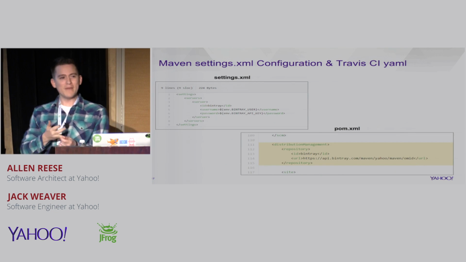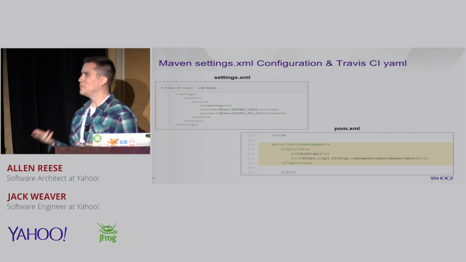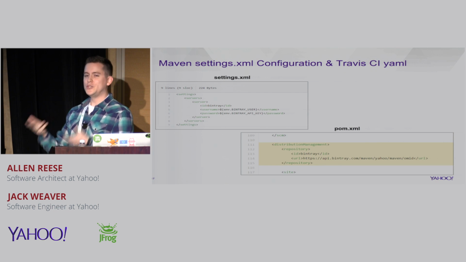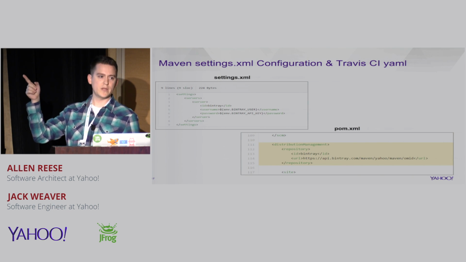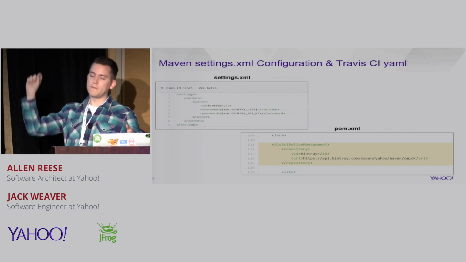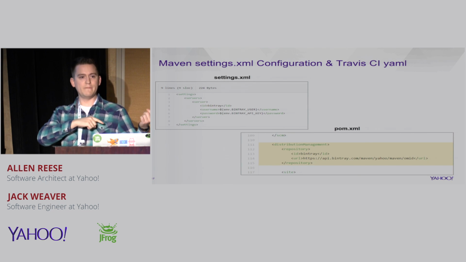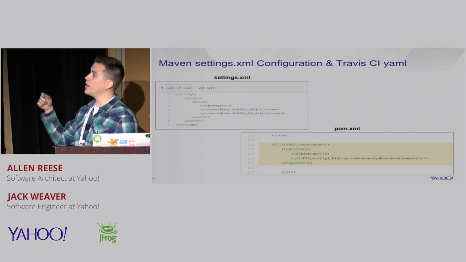Another component is Maven needs to know what to do, right? So pretty easy, pretty straightforward. Now that you have those environment variables and they're present at build time, you go ahead and reference them from your settings XML. So you create a settings.xml file and you pass it into Maven. env dot, that's referencing the environment variable that's available at build time from Travis. And it's the same as what we encrypted prior.